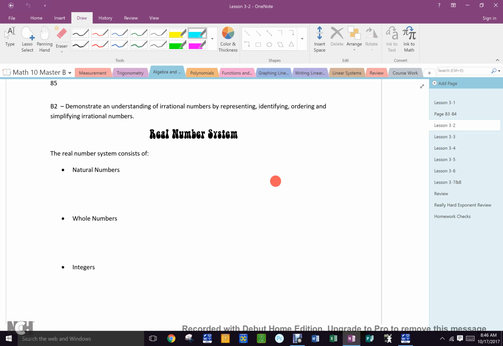Today's lesson has almost no math in it, but it's got a lot of vocabulary. And while it's not super important to Math 10, it becomes more and more important as you go on. So this, for most of you, will be your first introduction to the proper names of the groups of numbers that we use when we do math.